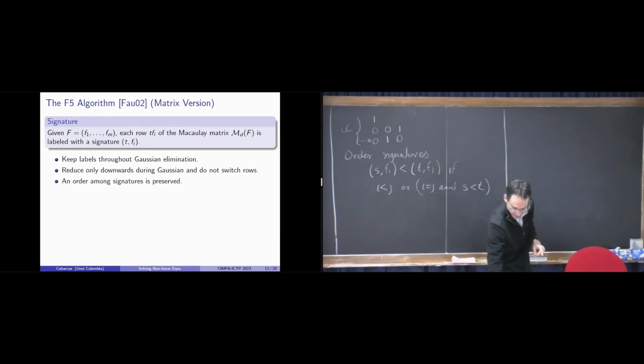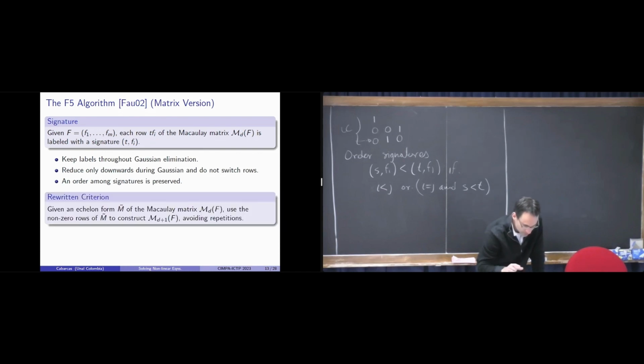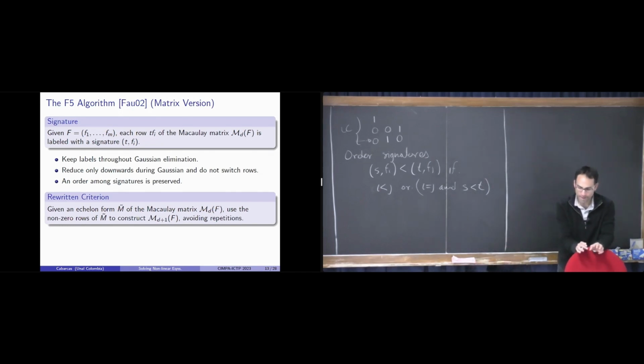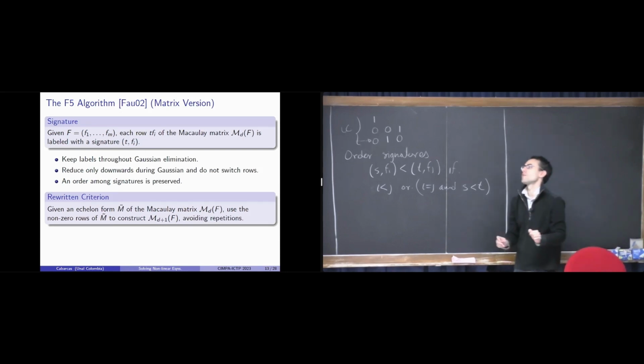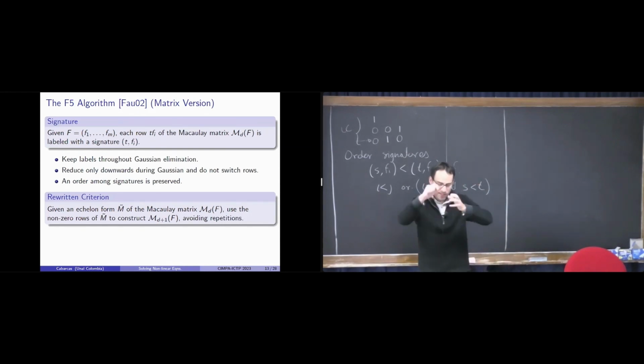So, why is this important? The first criterion we're going to have is just to have a systematic way of creating the new rows from the previous degree, right?